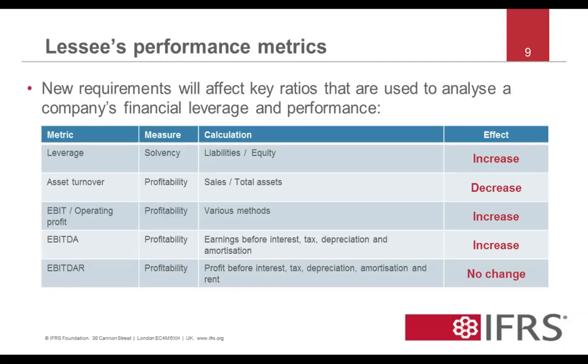And similarly, these entities will also see a decrease in asset turnover ratios because assets relating to former operating leases will be recognized on the balance sheet for the first time. Applying IFRS 16 will mean that these ratios become much more comparable between entities that lease assets and entities that purchase similar assets.